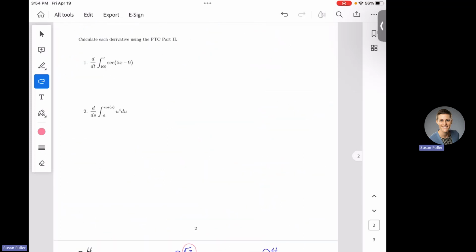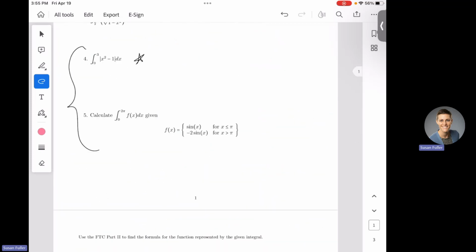We did also kind of rush through the piecewise functions, but I do think these kind of make sense, right? Because just by the meaning of what a piecewise function is, if you want to find the area underneath f of x from 0 to pi, f of x is going to be the sine of x for all x values less than or equal to pi.